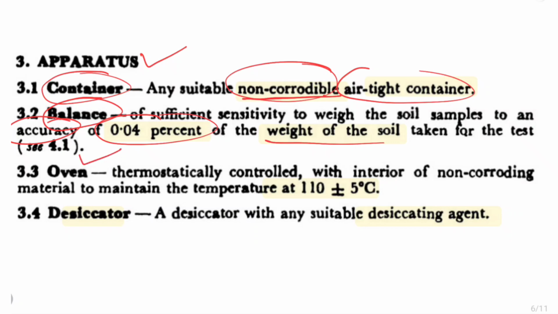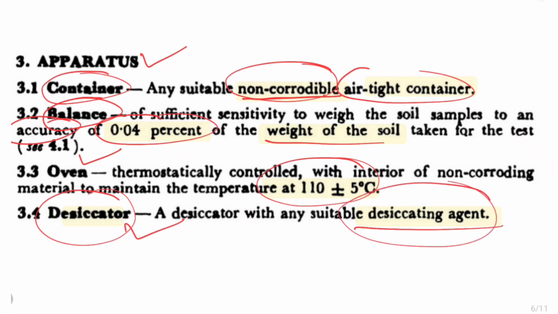Third, an oven is required to measure the water content of the soil sample, and it should have the facility to maintain a temperature of 110 degrees Celsius plus or minus 5 degrees variation. Fourth is a desiccator, which is used to keep the soil sample in a pot, in which the temperature can be maintained by using some desiccating agent.